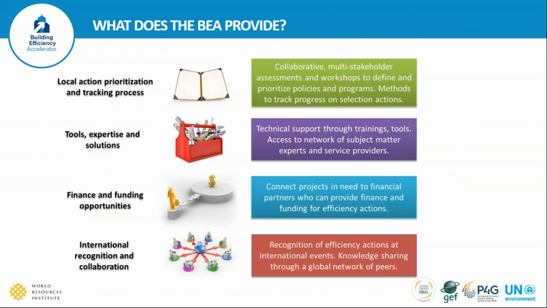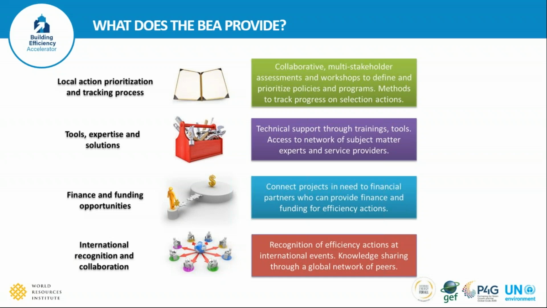The BEA provides a number of things to the cities and states that join. We help the decision makers to prioritize and track which actions they would like to pursue. We provide tools, expertise, and solutions to help them better and more quickly achieve those goals. And one of those, of course, is what we'll be talking about today. We aim to connect projects in need to financing and funding opportunities.